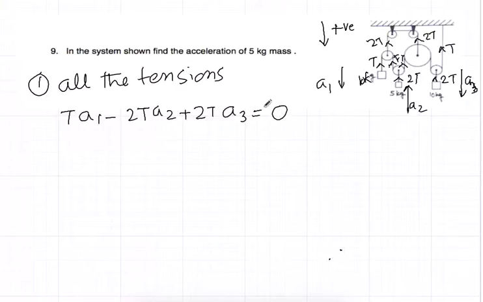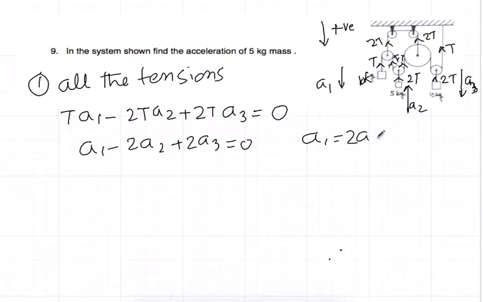This is the most important part of the problem. The rest of the things I'm quite sure you know. So we get a1 minus 2a2 plus 2a3 equal to 0. That means a1 equals 2a2 minus 2a3. This is our equation number 1.